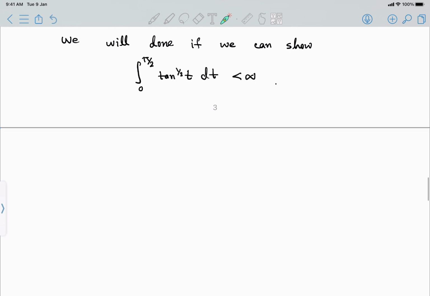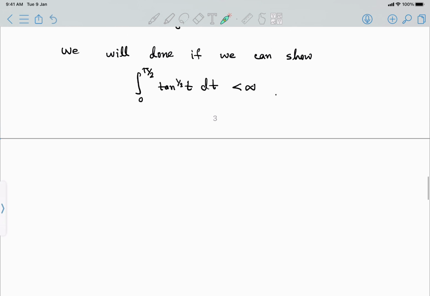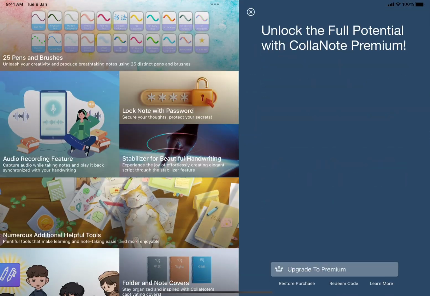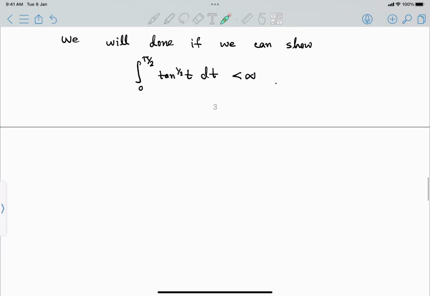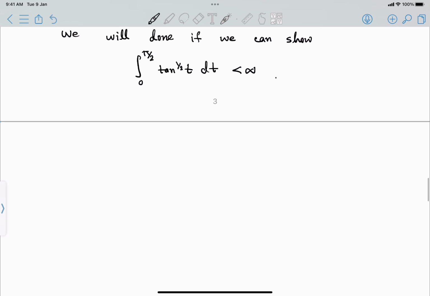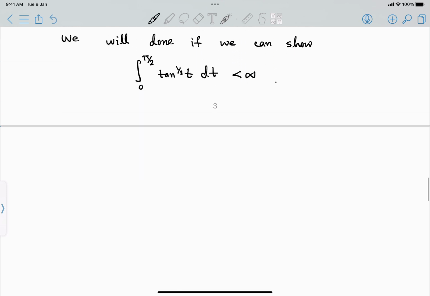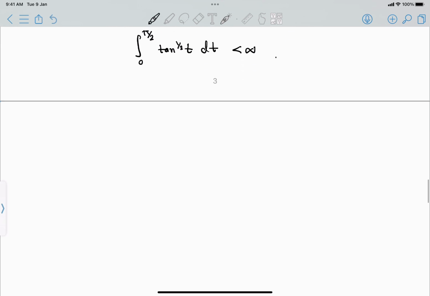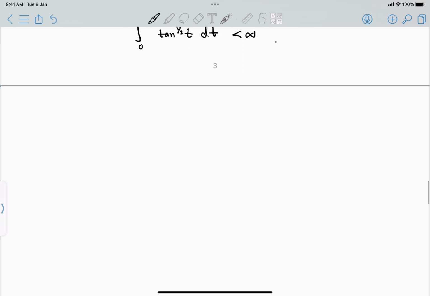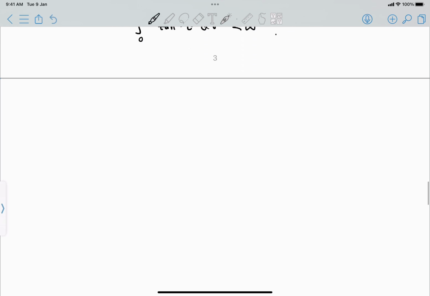For that we will use one property of the beta and gamma functions. From there we will deduce it. So for that, let us first recall the beta and gamma functions.